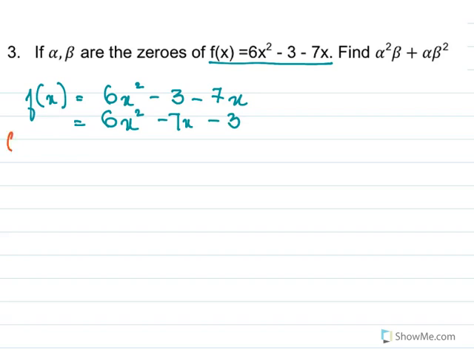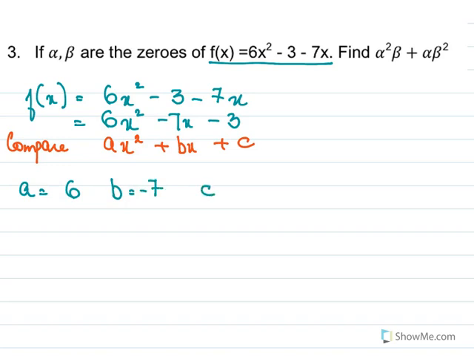Now when we compare it with the standard polynomial ax square plus bx plus c, we see the coefficient a is equal to 6, b equal to minus 7 and c equal to minus 3. This step is very important, that you put your polynomial in order. You cannot find your a and b at this step. You need to find it at the second step.